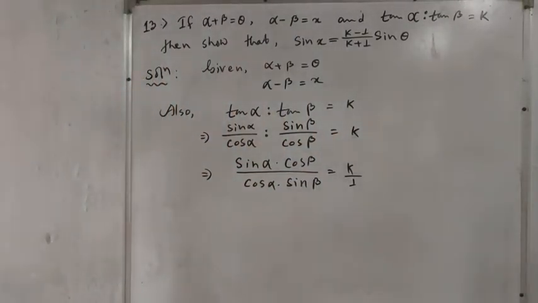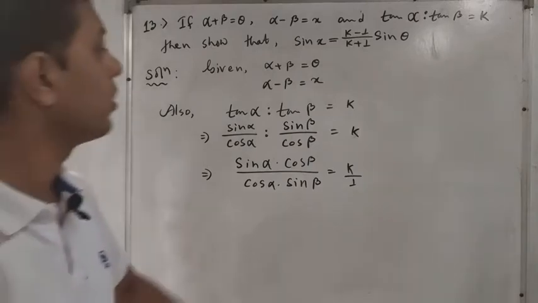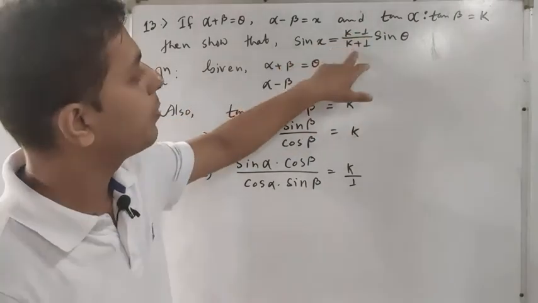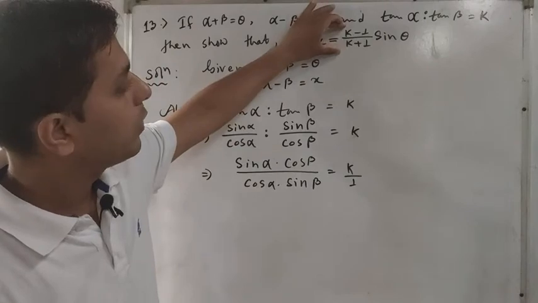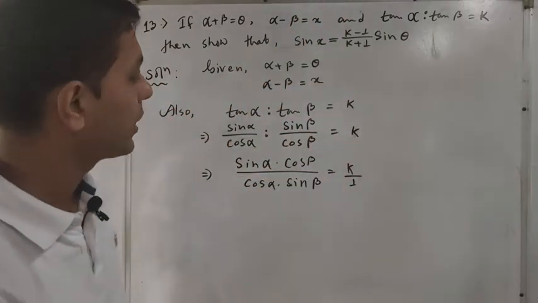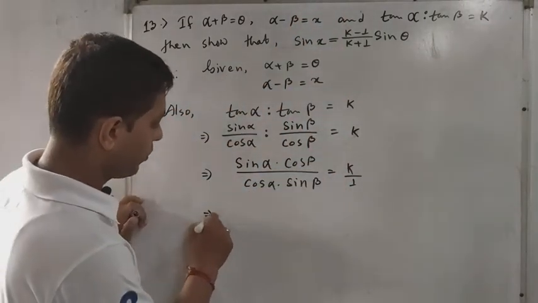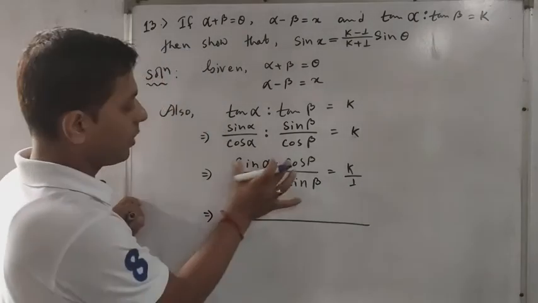After this, let us apply componendo and dividendo, because the clue is given already, and we need k minus 1 by k plus 1. So in this format we are going to express it.